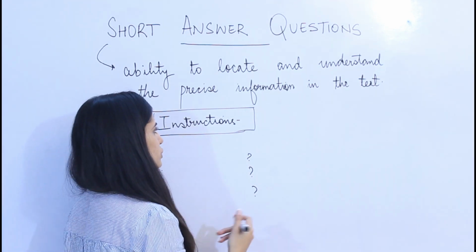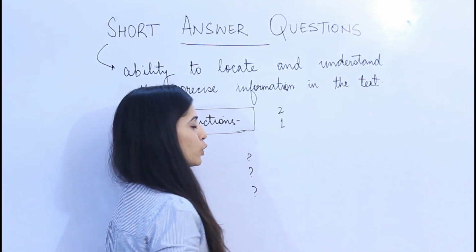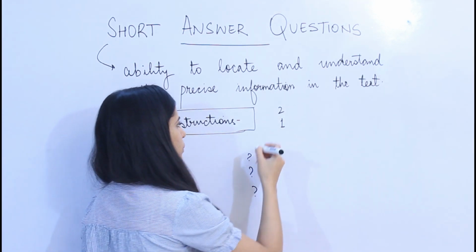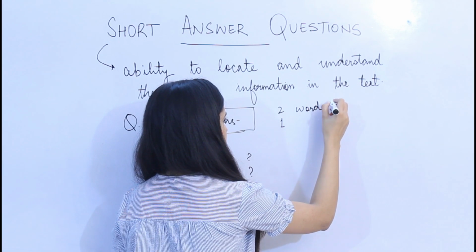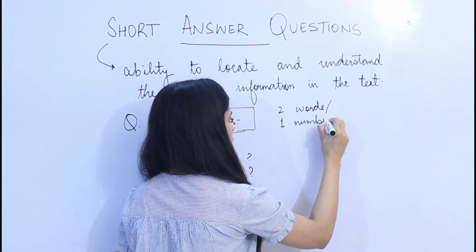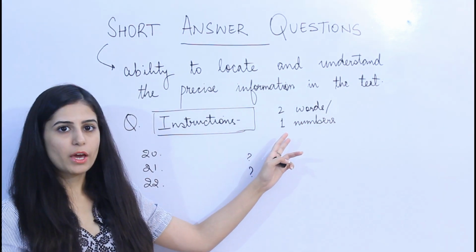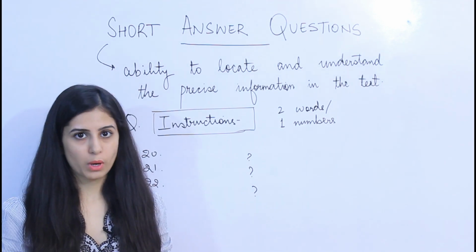The instruction could say no more than 2 words, no more than 1 word, no more than 2 words or numbers. So you need to read the instruction carefully and only answer how the instructions ask you to answer.